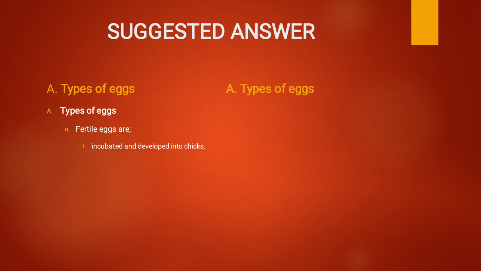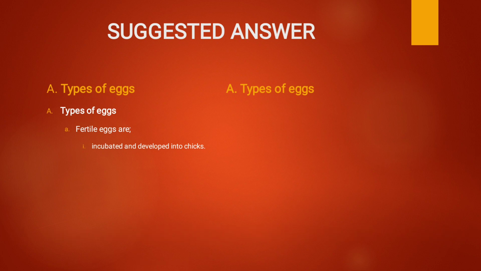And then we are saying that fertile X are incubated and developed into chicks. When you go to the passage, we said it. So the topic sentence is the types of X. The major supporting sentence is fertile X. And the minor supporting sentence to fertile X is incubated and developed into chicks.